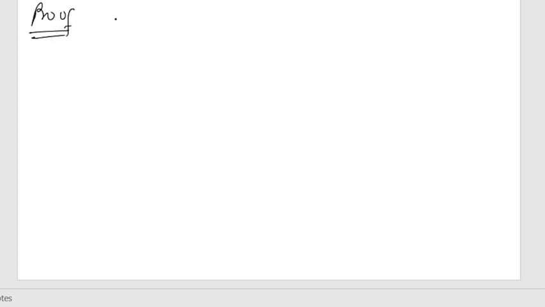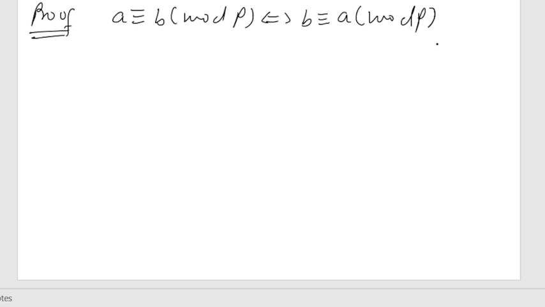It is given that A is congruent to B mod P, and by the symmetry property of congruence, both imply each other, that B is congruent to A mod P. It's a symmetry property of linear congruence.